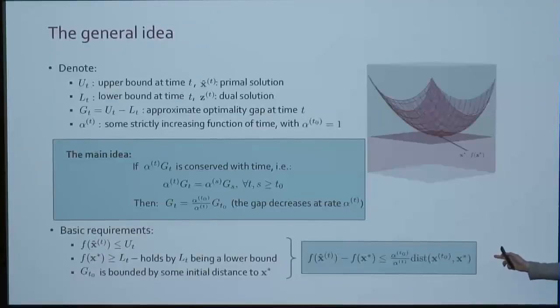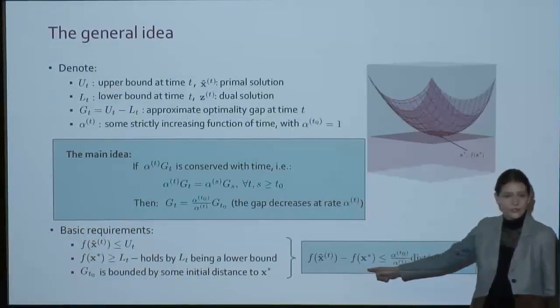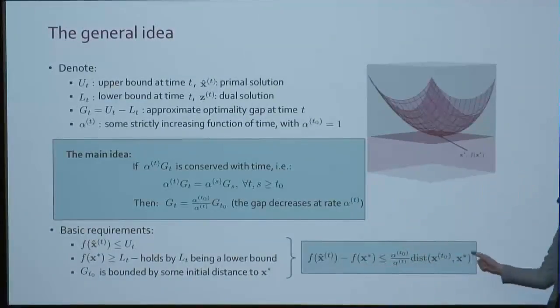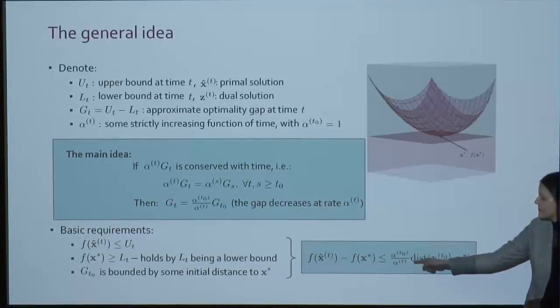That is, as I already mentioned, I need to be able to map my upper bound to some actual solution. My lower bound should really be a lower bound, which will be by construction. And the initial gap should be some notion of initial distance to the optimum. So if we have this, then it immediately implies the convergence of the type that we are used to seeing in first-order methods, which means that the distance in the function value to the optimum is the initial distance over alpha t times some constant.